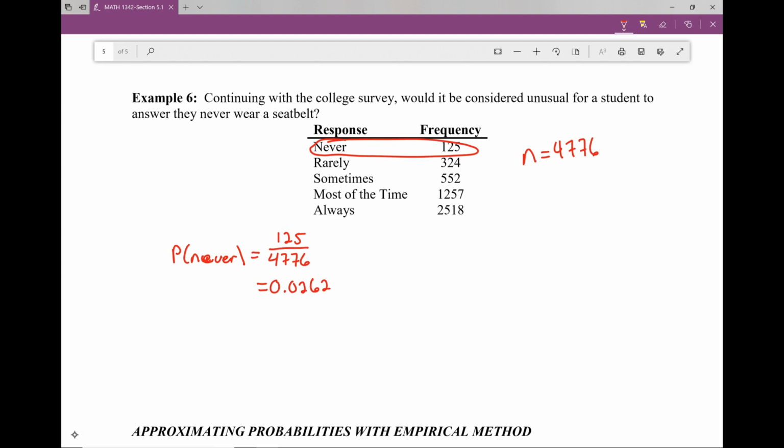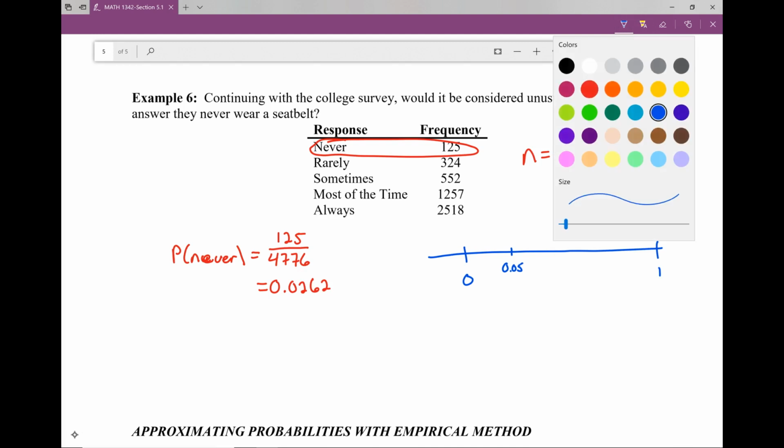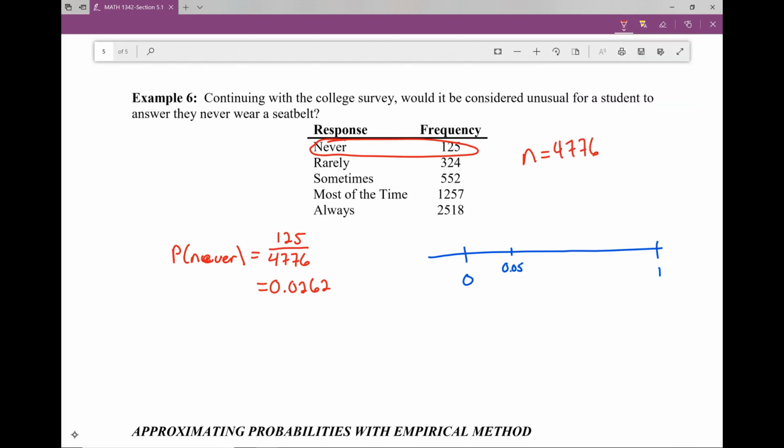For us to consider if it's unusual or not, we compare this number to 0.05. So if I look at a number line, here's 0, here's 1, here's 0.05. 0.02 is going to be somewhere about right here. If it is anywhere in this area right here, then it is considered to be unusual.